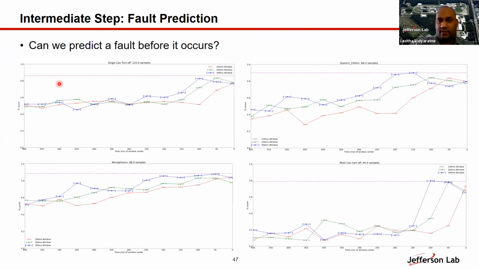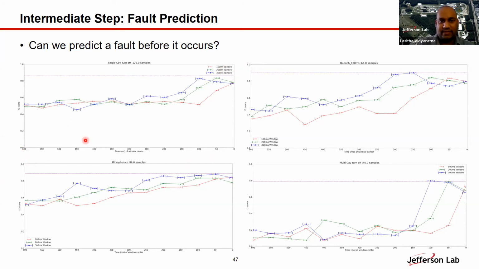We've tested with different window sizes, starting from 100 milliseconds of data to 200 milliseconds, and then 300 milliseconds. And 0 here represents the fault onset, and this end represents the start of the window, so how early the window is set up. Here it's 600 milliseconds before.